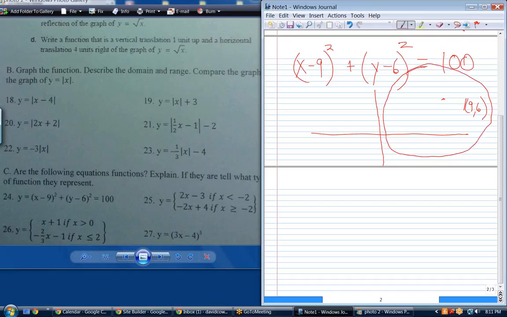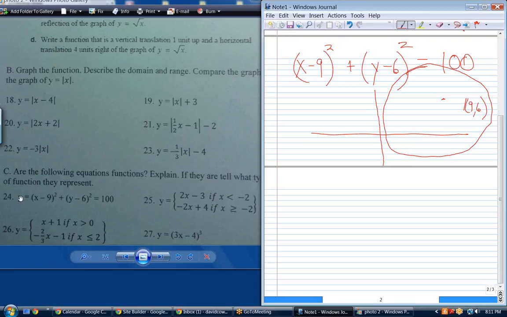Have you had conics yet? Have you had equations of circles? Marina? Oh, I know that a circle isn't a function because it doesn't pass the vertical line test. Okay, so that's not a function.